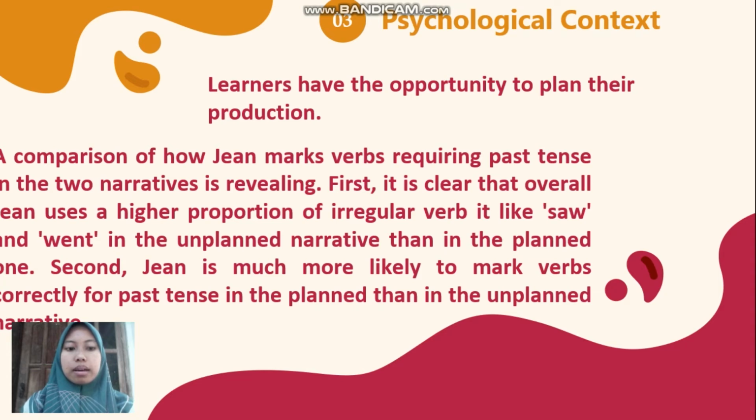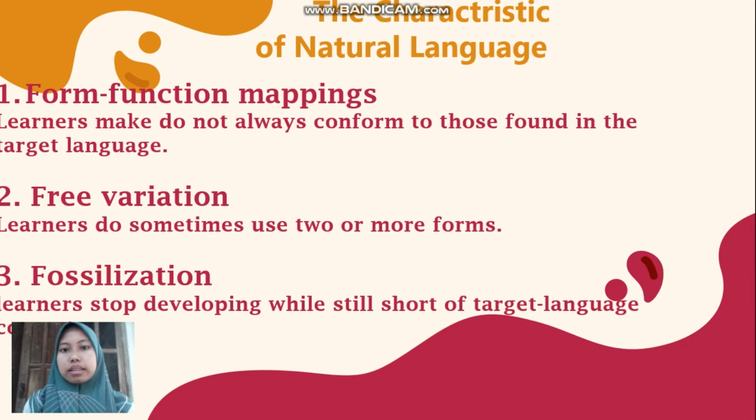Jadi, yang pertama, jelas bahwa secara keseluruhan Jane menggunakan proporsi kata kerja tidak beraturan yang lebih tinggi seperti so dan when dalam narasi yang tidak direncanakan daripada yang direncanakan. Kedua, Jane lebih cenderung menandai kata kerja dengan tepat untuk bentuk kata lampau di bagian terencana daripada di naratif tak terencana.